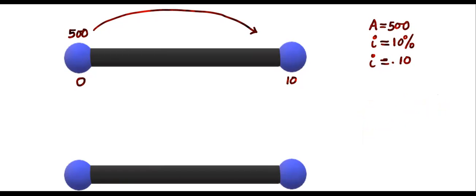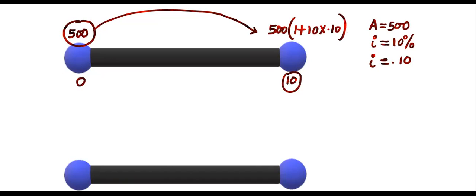If you deposit 1, what is the amount? Because we have deposited 500 here. For that, we are finding it. It will be 500 multiplied by 1 plus 10 into i. i is again 10% here. Number of years 10, i is also 10%, that is 0.10.